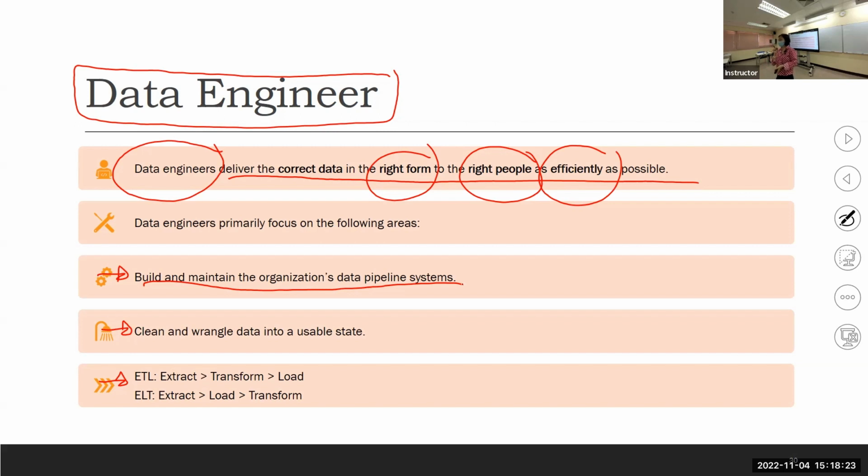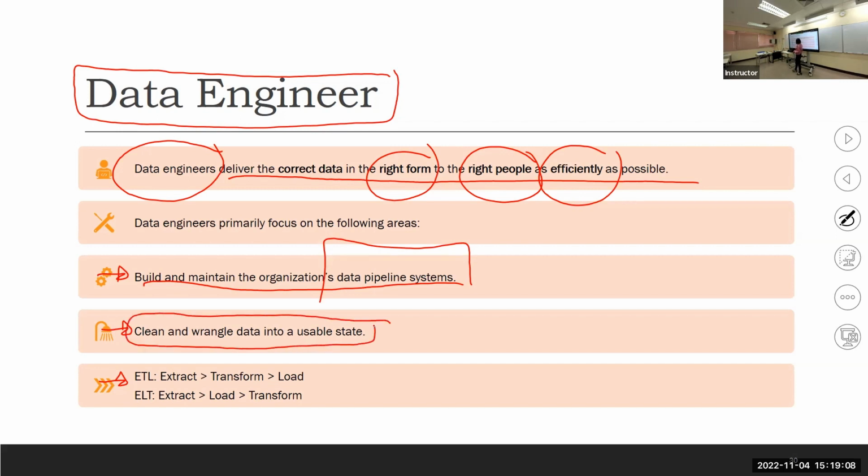A data silo means you have this database, you have another database, and you have another and another, and they are all not integrated, not linked, not well connected, and maybe they are redundant, they are so different, and so on. So data silos are something that we should avoid in today's enterprise architecture, and we want more or less data integration and a data pipeline. So this is also the task of data engineering, to make sure that we have infrastructure and a pipeline system.